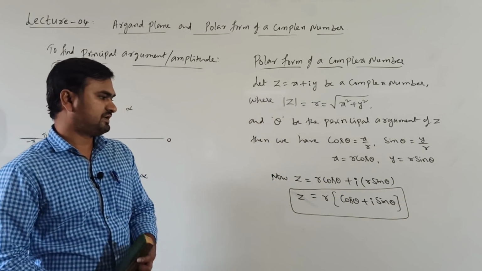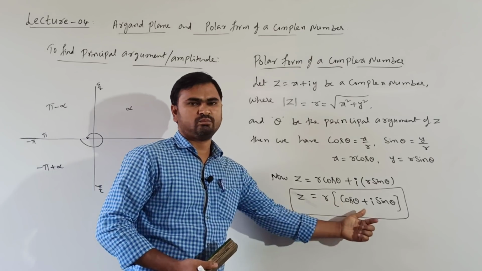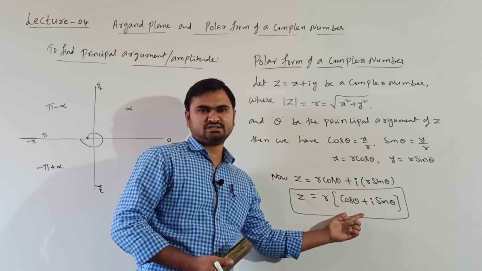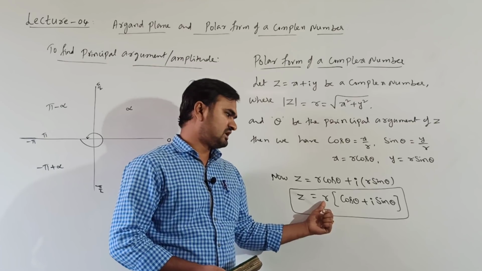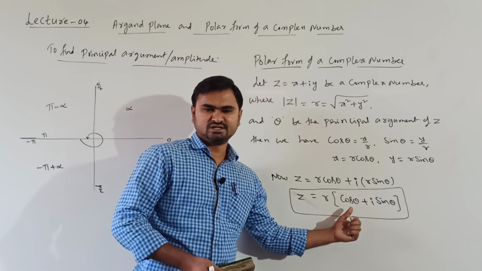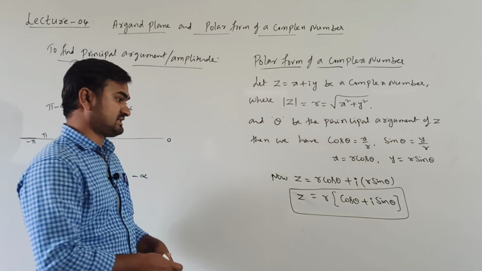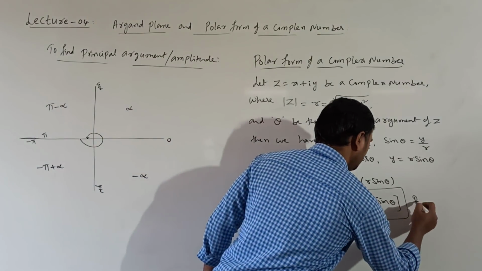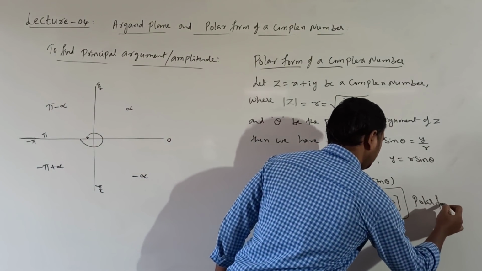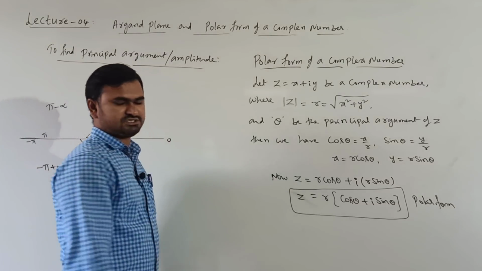Now this is how we are writing the complex number in polar form. So this representation of complex number in terms of r and theta is called the polar form of complex number. Understand?